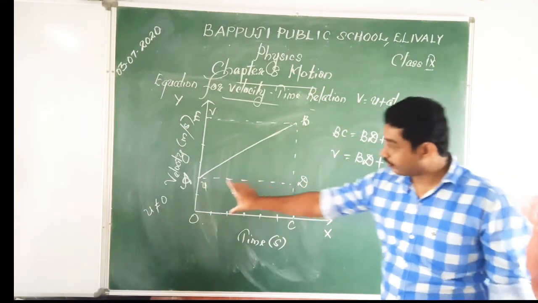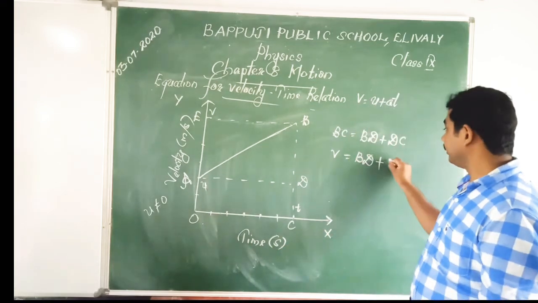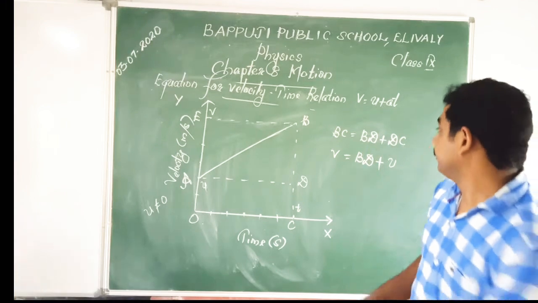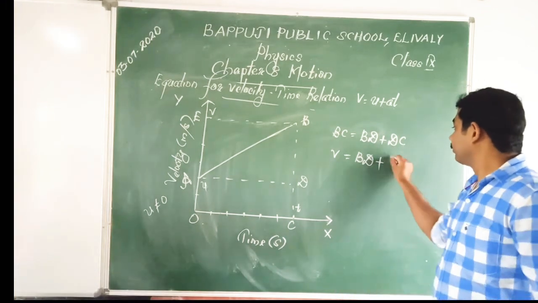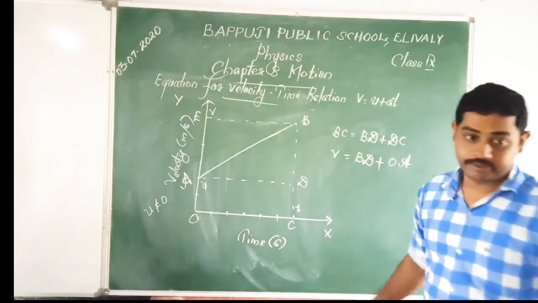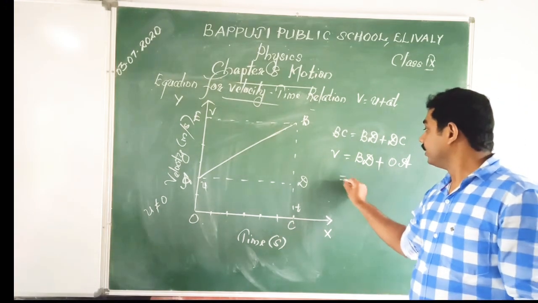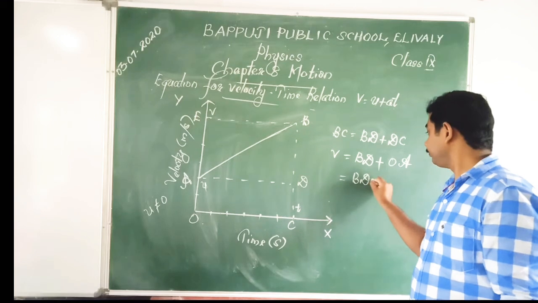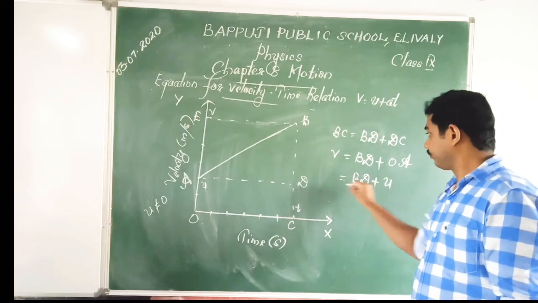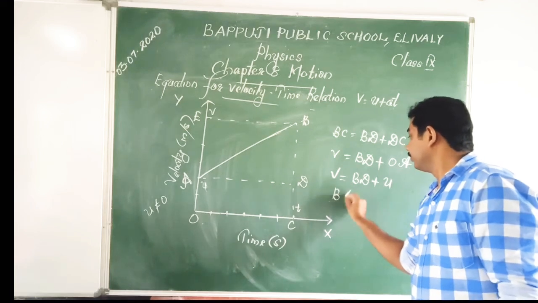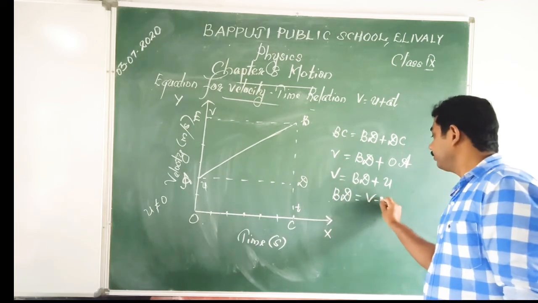DC and OA are the same distance, so instead of DC we can write OA, that is the initial velocity u. So v equals BD plus u, so BD is equal to v minus u. Equation 1.